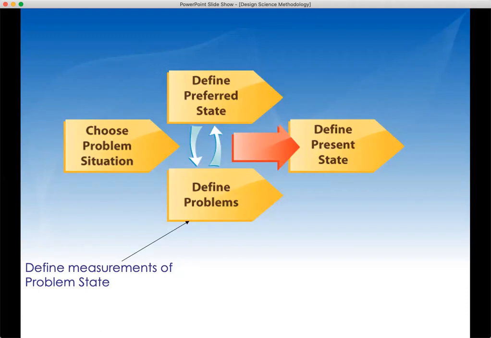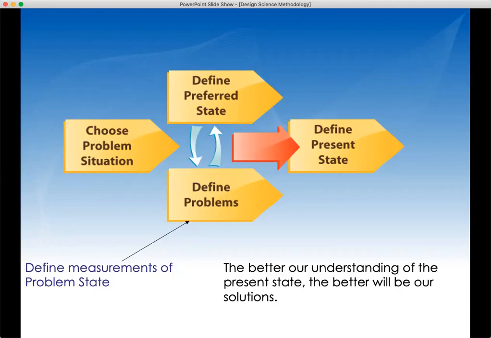If we're dealing with hunger, how many people are hungry, where are they, what age are they, what's going on with them? The better you understand the present state, the better will be your solutions. So you want to really delve into what is going on in the present state, the bigger picture, the bigger system, because that's where some of the solutions might be found.